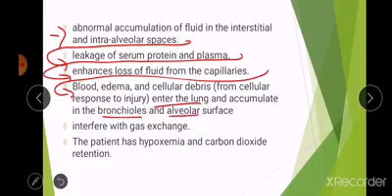Also, magkakaroon ng accumulation on the alveolar space. Dito naman, magkakaroon ng hypoventilation. Hindi na masyadong makakapag-ventilate si alveoli dahil nga napupuno na siya ng fluid. And that will cause the interference of gas exchange.